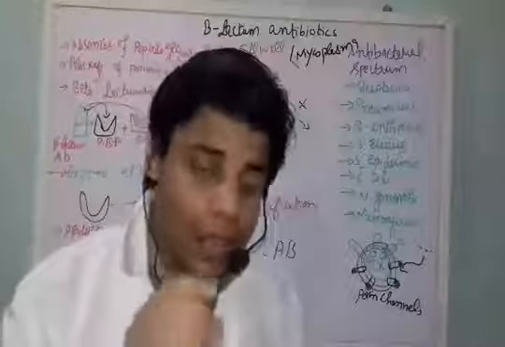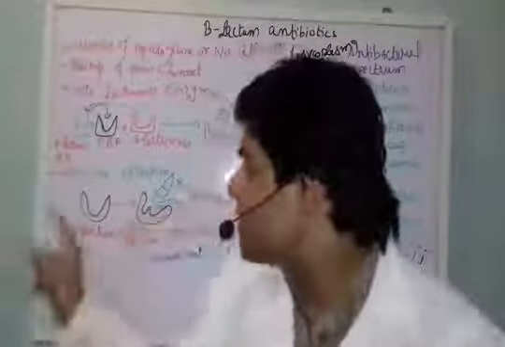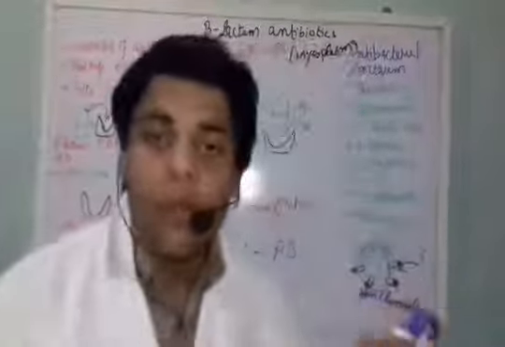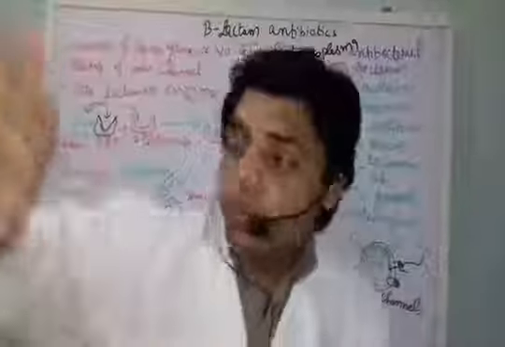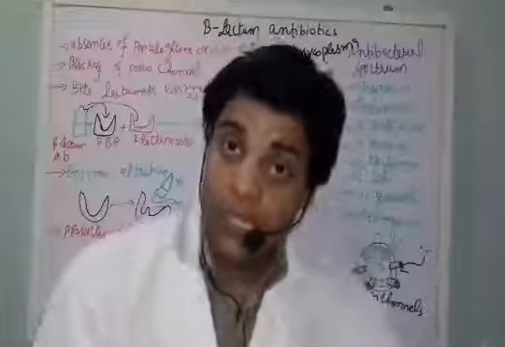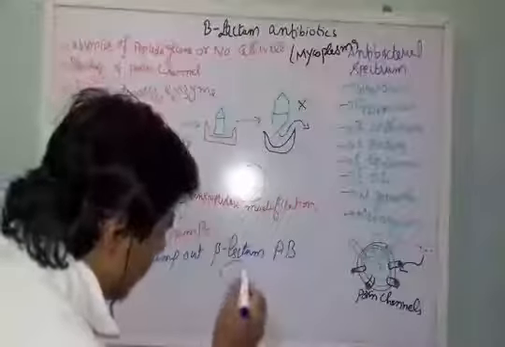The second main important thing you should keep in mind is that the resistance will not automatically activate in the bacteria. They will get resistance from the surrounding bacteria. So let's suppose there are some bacteria, let me draw here.